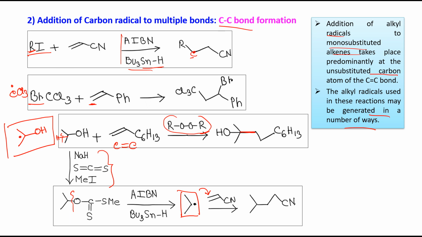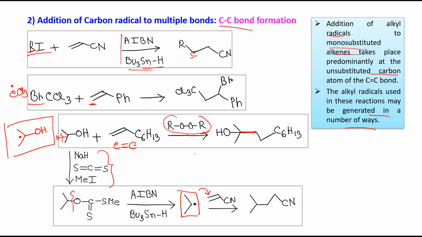Sometimes we are using peroxide, sometimes we are using the AIBN and Bu3SnH combination. Whenever there is Bu3SnH, it is always associated with AIBN. AIBN is basically the promoter, which will be clear when we see the mechanism. Bu3SnH is taken in 1 or 1.2 equivalent, and AIBN, 0.05 equivalent is enough.